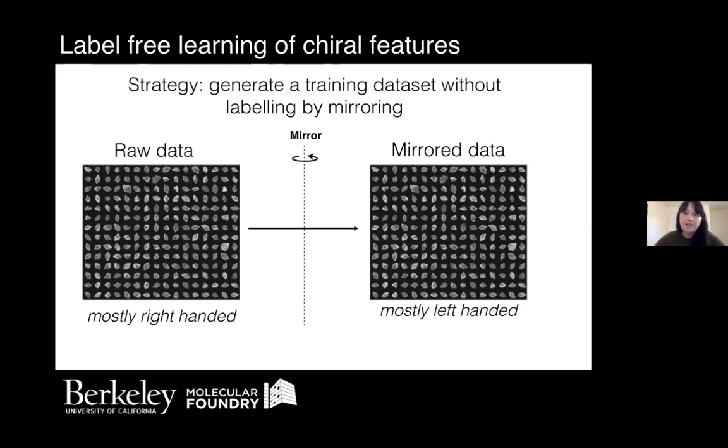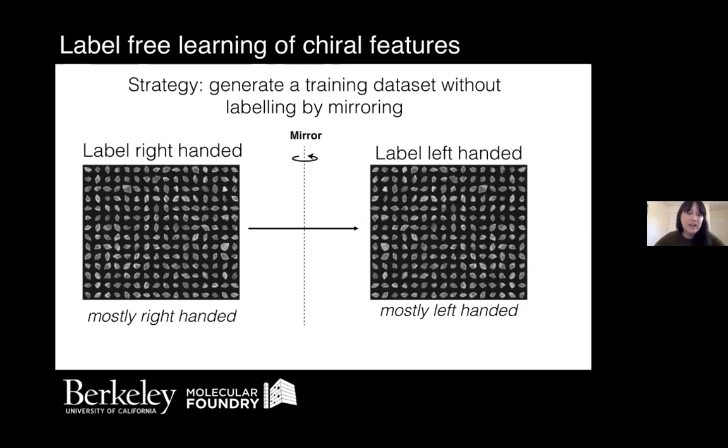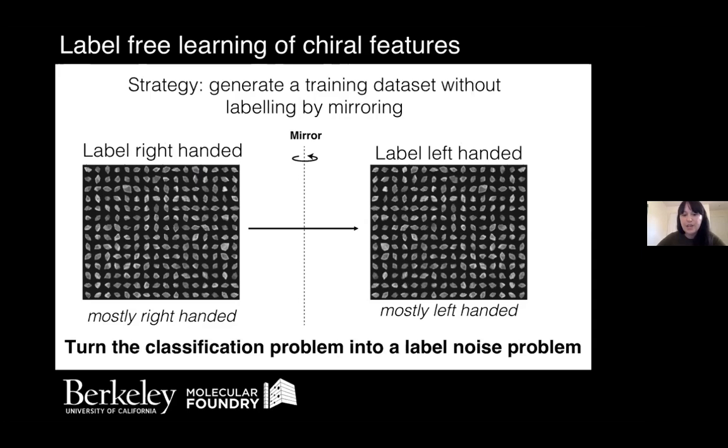And so if we could combine these into a unified data set by labeling the right-handed dominant data set as all right-handed and labeling the left-handed dominant data set as all left-handed, then what we have done is turn our classification problem into a label noise problem, because now those outlier nanoparticles that are labeled right-handed but are truly left-handed, we still want to detect those, and we've mislabeled them.